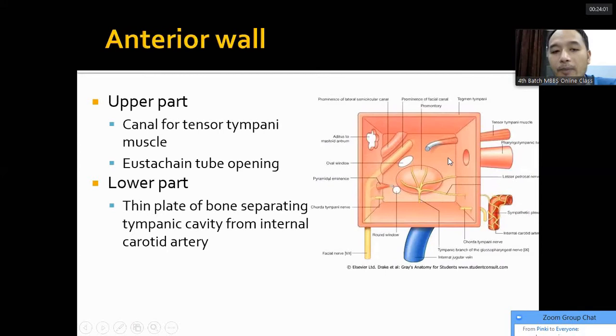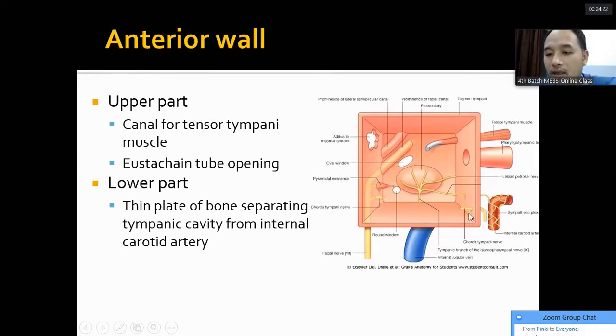And in the lower part, there is a thin plate of bone separating the internal carotid artery from the middle ear cavity. Sometimes this anterior wall separating the internal carotid artery is dehiscent, also giving a risk of injury during surgery.